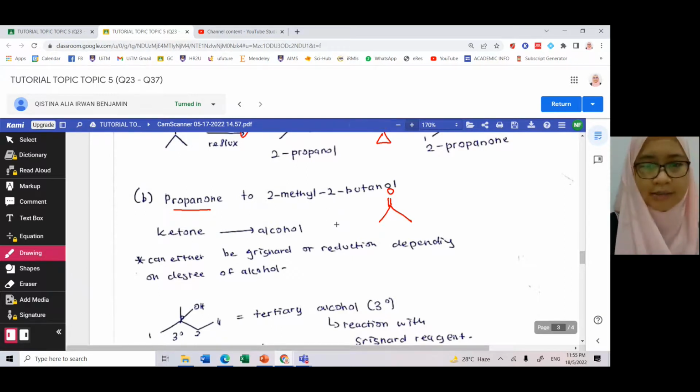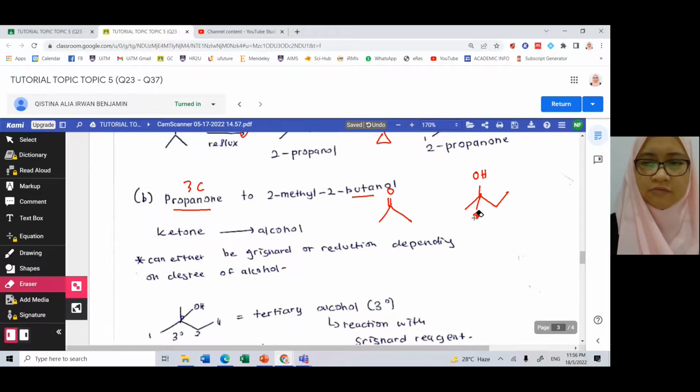Oh, there is an addition of carbon obviously. So this one we have 3 carbons. When you draw this, it produces 1, 2, 3, 4. So it is butanol. Then carbon number 2 has OH and also a methyl group.